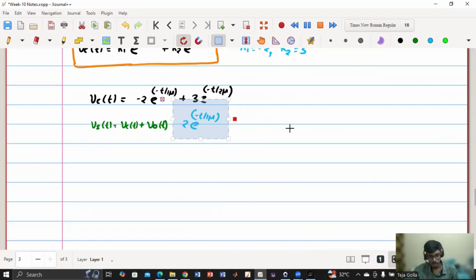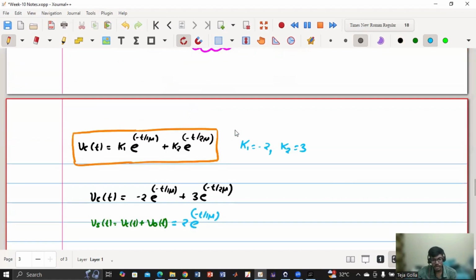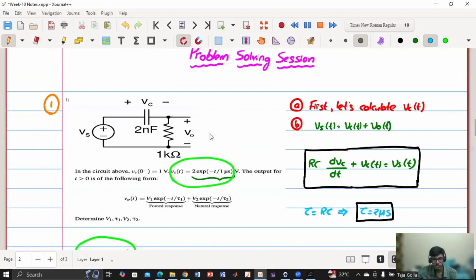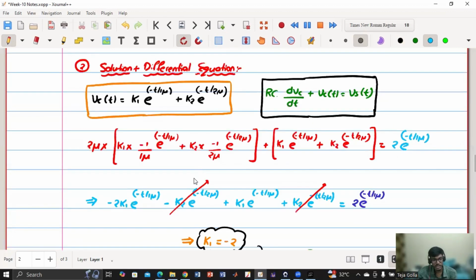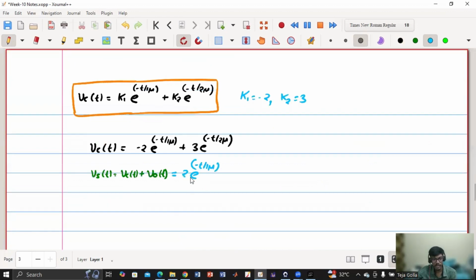So initially I got VC of t, and from there I am getting V naught of t, because Vs plus Vc equal to V naught by applying KVL. So is this part clear? How I am trying to get V naught of t, or do you have any doubts?